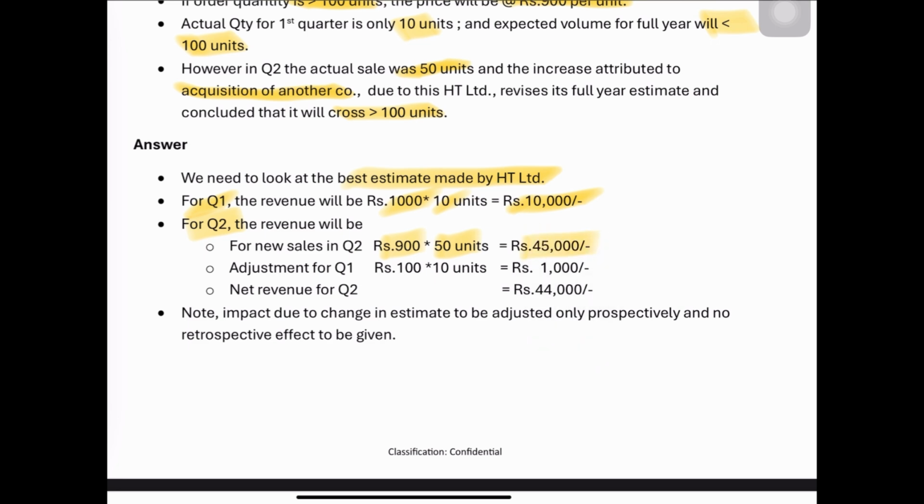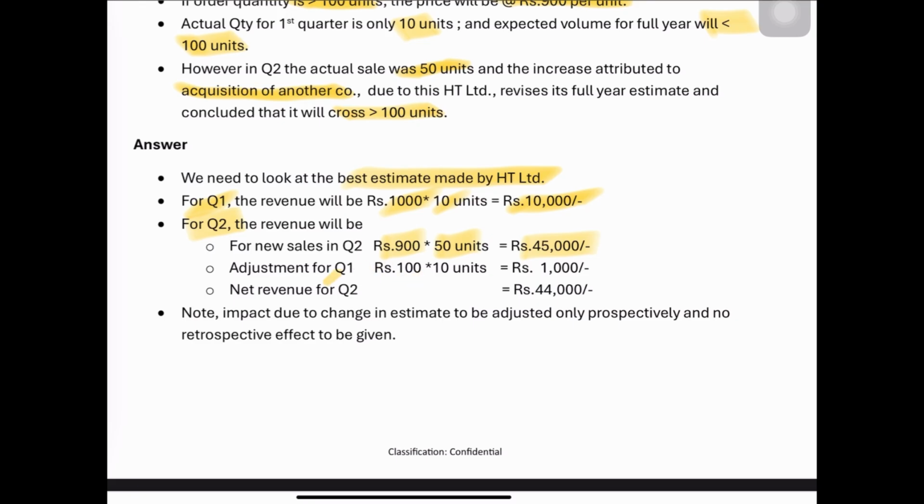So 45,000 rupees will be the total revenue. Even though they have sold only 50 units, the revenue is accounted at 900 because the entity estimated that it has to give the discount of 100. That's a kind of estimate, so it will account for revenue after discount only.